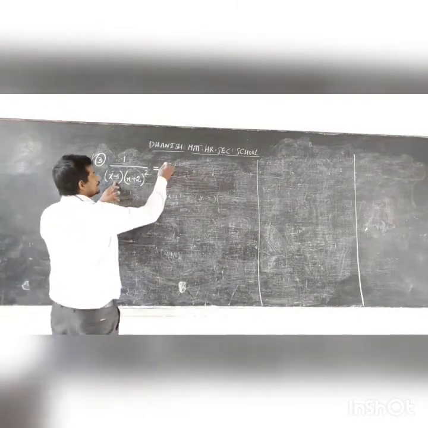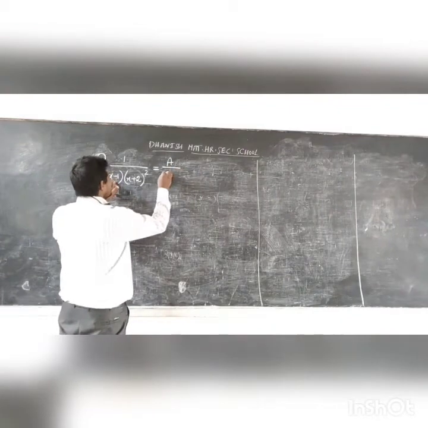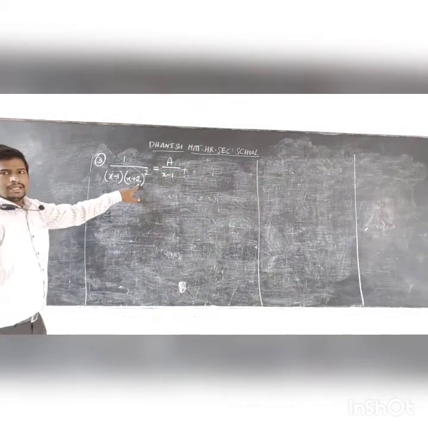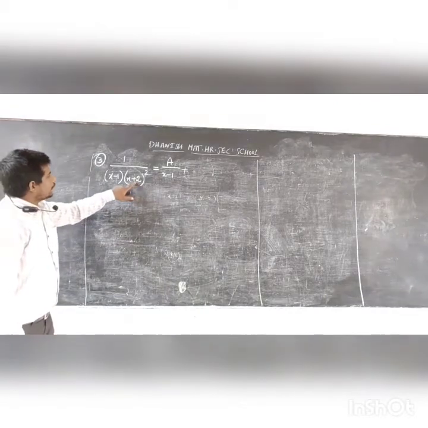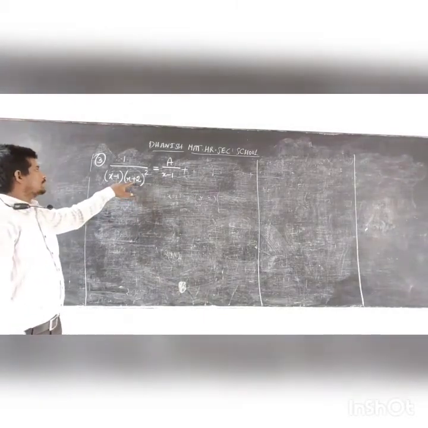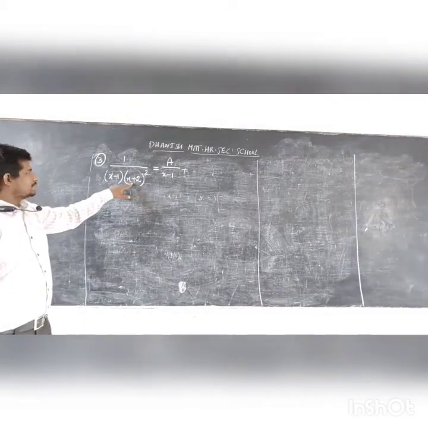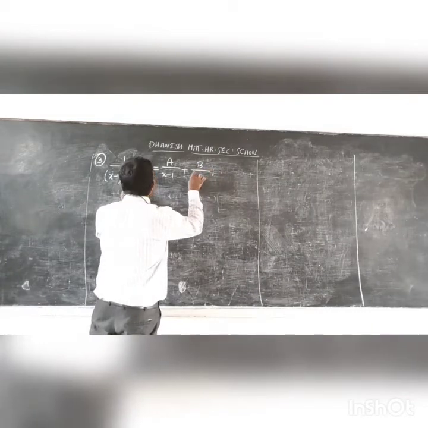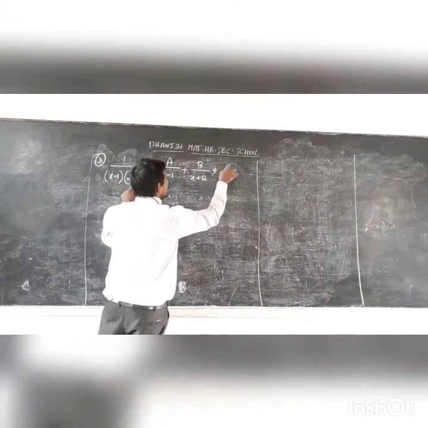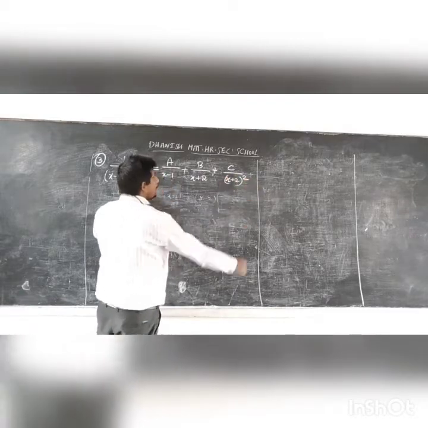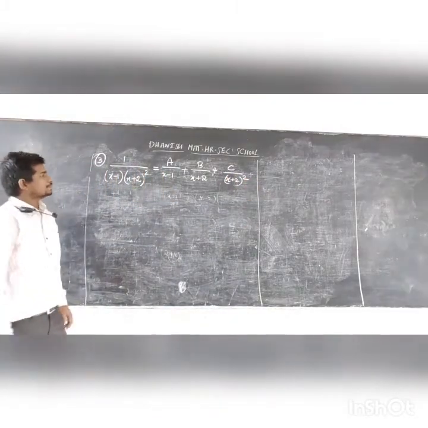So for this I am going to take a by x minus 1 plus. Look at this. Here we are having linear factors repeated 2 times. So for this I am going to write b by x plus 2 plus c by x plus 2 whole square based on type 2.